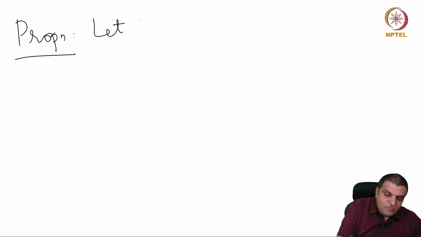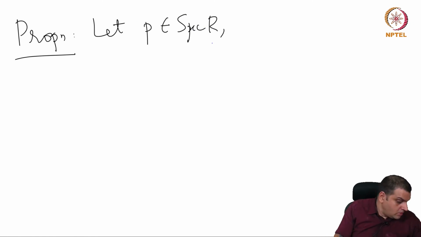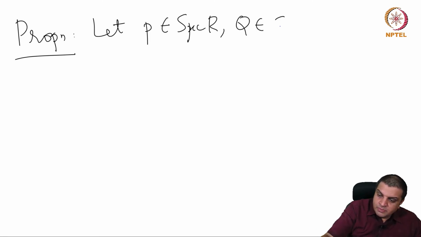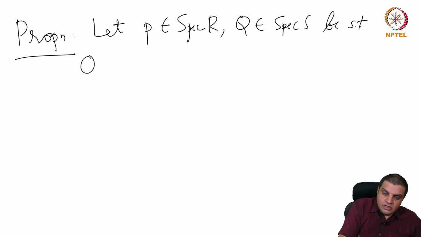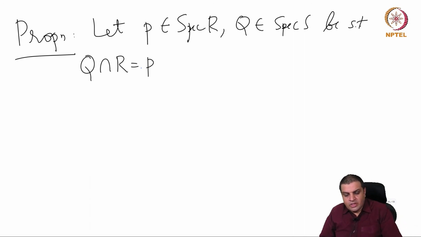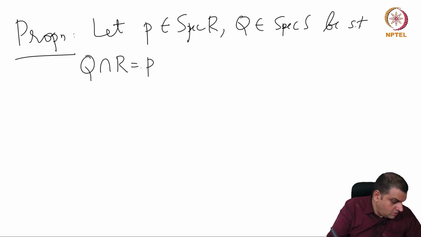Let P be in spec R and Q in spec S, so primes, such that Q contracted to R is P. So this is the image of the map from spec S to spec R. The image of Q under that map is P. So this is point 1.